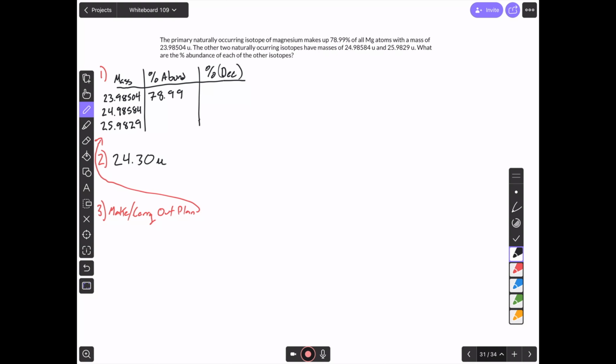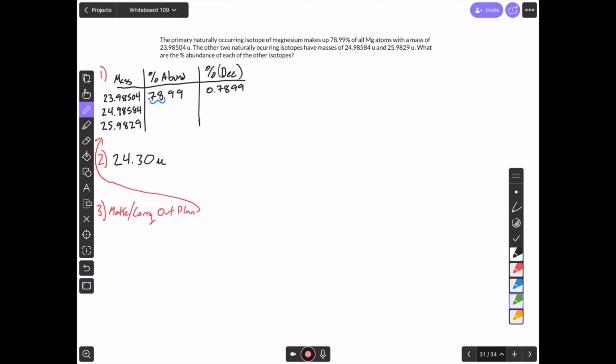One of the things we always want to do is use the table how we normally would as much as we can. In other words, let's turn our percents into decimals, because that's the first step in using this chart. So we have 78.99%. We move our decimal over to the left 2 places because we're dividing by 100, and that turns this into 0.7899.